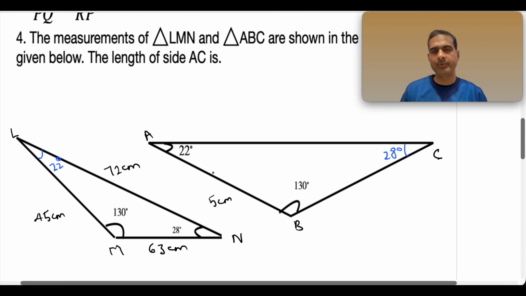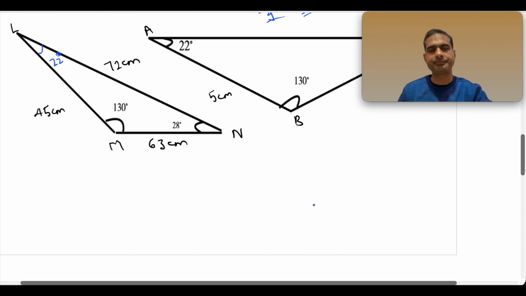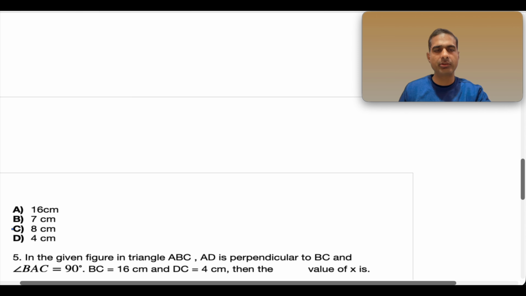In the same way, AC will be 1 by 9 times LN. So 1 by 9 times LN, that is 72. So 9 8s are 72. So we can say AC will be 8 centimeters. So our answer will be 8 centimeters.